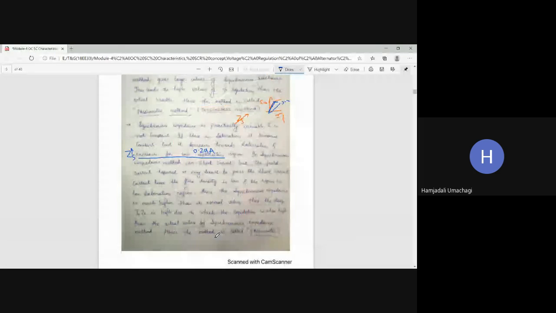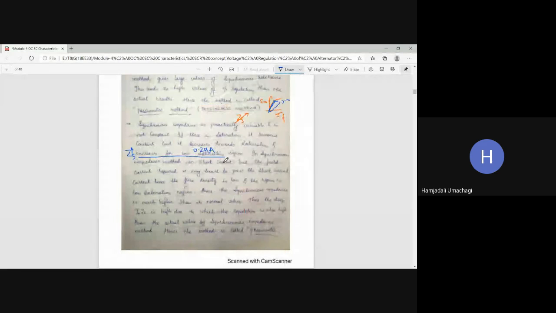In the synchronous impedance method, in the short circuit test, the current required to pass the short circuit current is very small. Hence, the flux density is low and the region is the low saturation region. Hence, the synchronous impedance is much higher than its normal value. Thus, the drop IA into ZS is high, due to which regulation is also higher than the actual value by the synchronous impedance method.